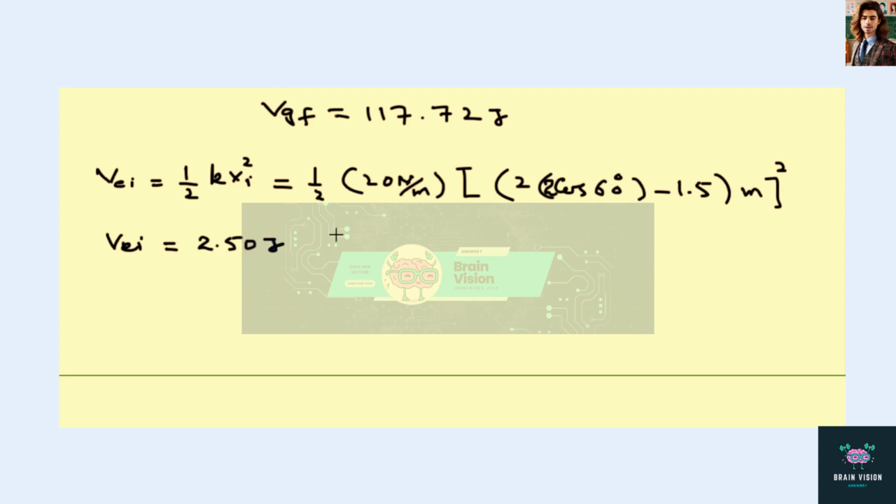So this will give us the value for Vei as 2.50 joule. Similarly, we can calculate the final elastic potential energy as Vef, which is equal to 1 divided by 2 k xf square.